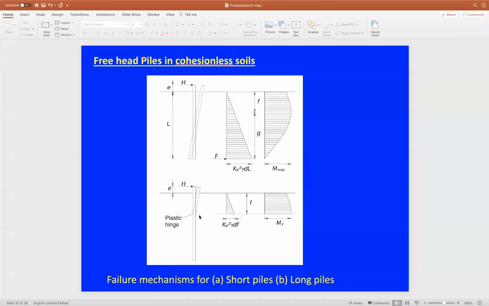Eccentricity is given as 0.5. F is already calculated in this step. So we can work out the value of M maximum on the system, and we got that as 785.346 kilonewton meter.